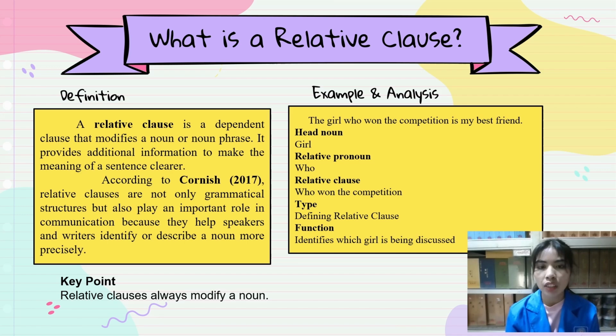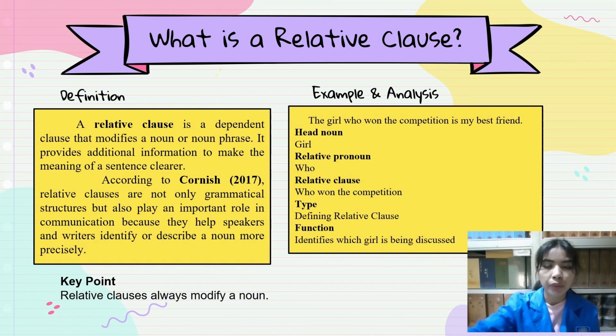A relative clause is a dependent clause that gives additional information about a noun or a noun phrase. It cannot stand alone as a complete sentence because it depends on the main clause. Relative clauses help us make our sentences more specific and easier to understand.